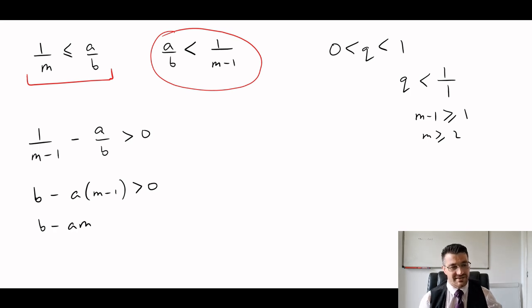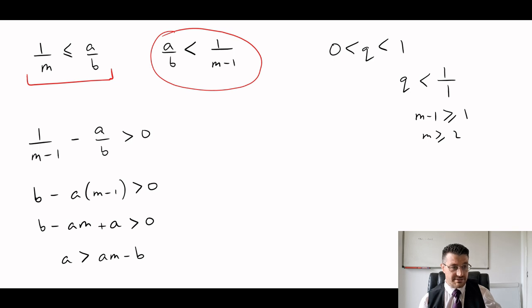Now, don't do the silly thing and write B minus AM plus 1 is greater than 0, which I did originally. These little slips do happen from time to time, and it left me scratching my head for about 5 minutes. So make sure that when you expand your brackets out, you do it properly. Lesson learned. Okay, and that tells me then that A is greater than AM minus B. Okay, so that's as far as I seem to be able to take that.